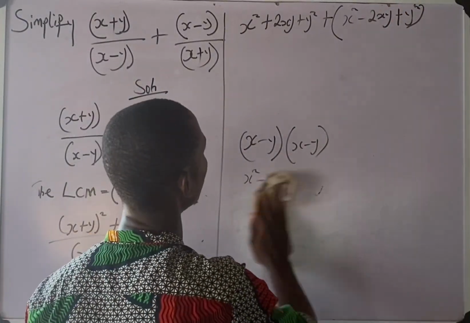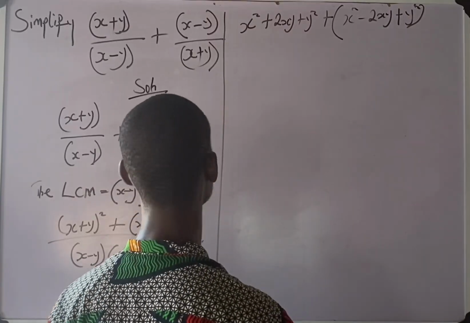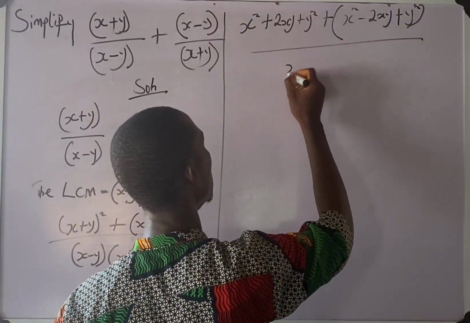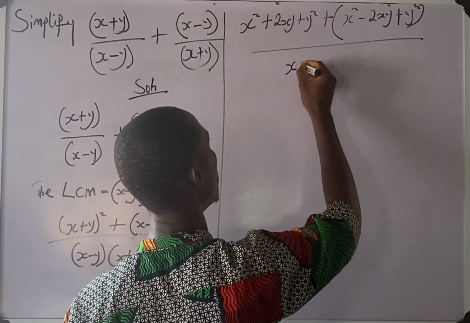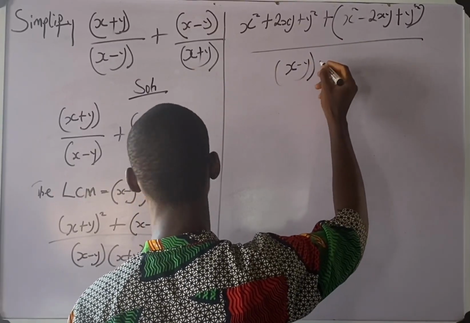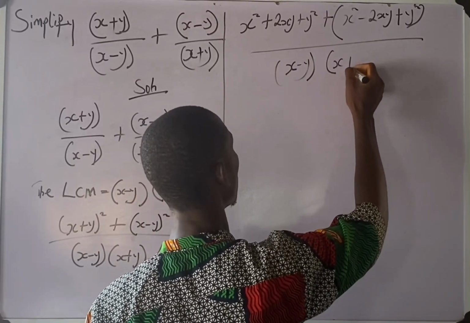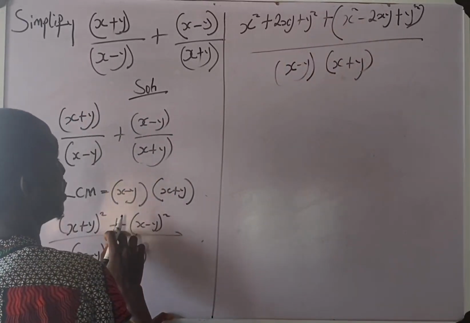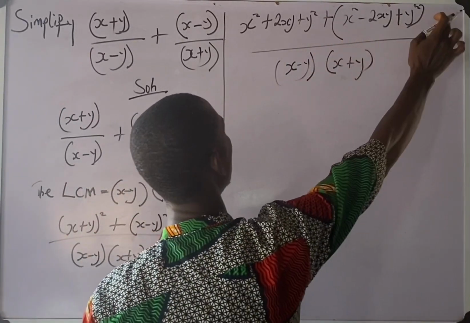So this now becomes our numerator, and then we have our denominator as (x - y)(x + y). We know how this plus came. It came because of this sign. So we expand this bracket.